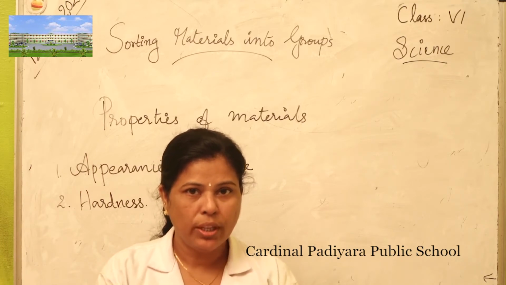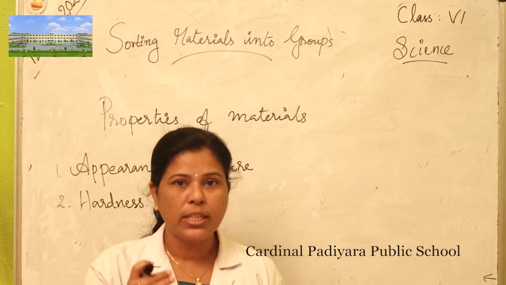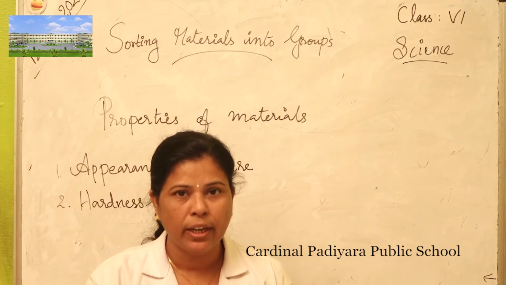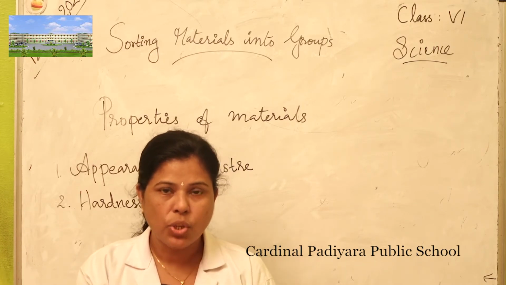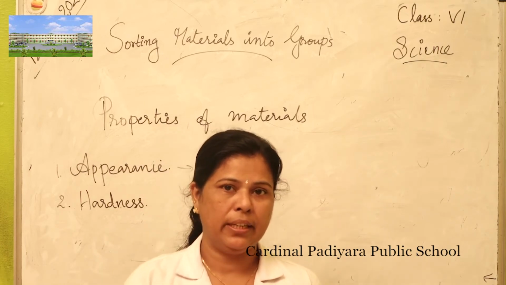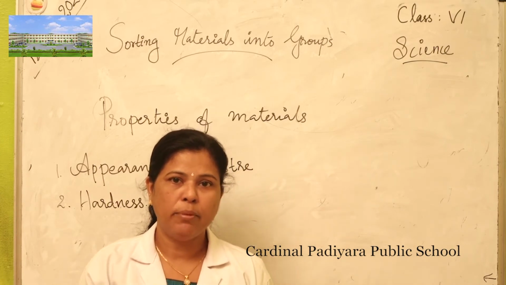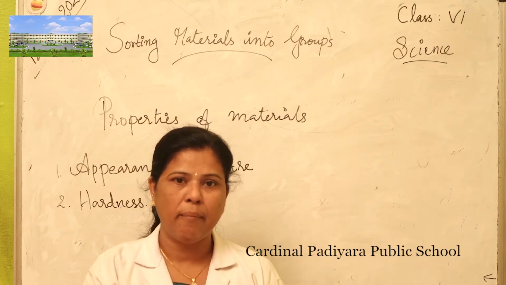You understood? Iron is a hard material because it is very difficult to compress it. But sponge is a soft material because we can easily compress it.